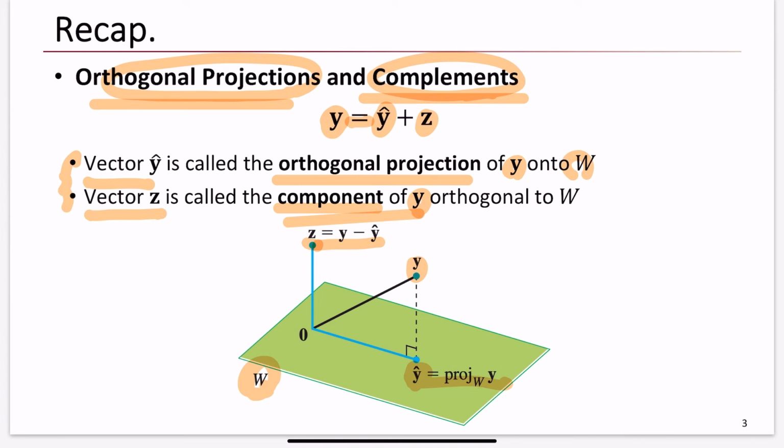Then we discussed how to compute this by using the basis for W, or the orthogonal basis for W, or the orthonormal basis for W. Then we can directly compute this, right? Then in this chapter, we will use the formulas that we derived so far, and we will propose the Gram-Schmidt process.